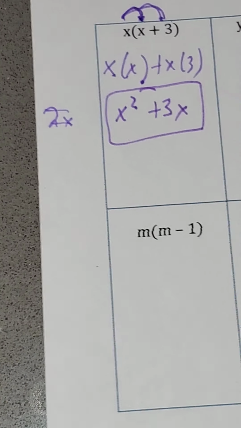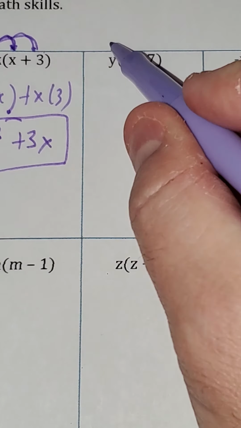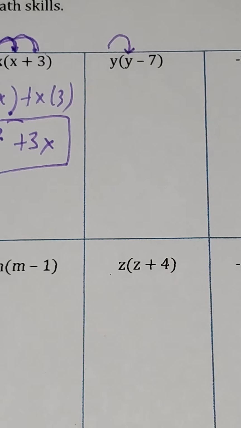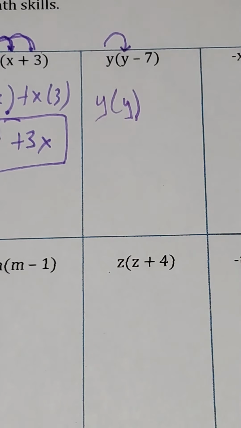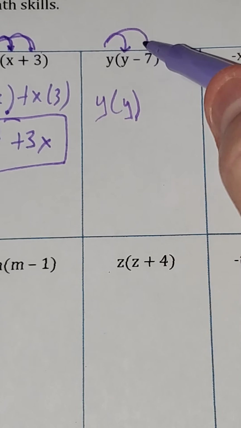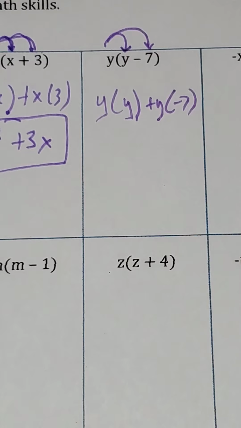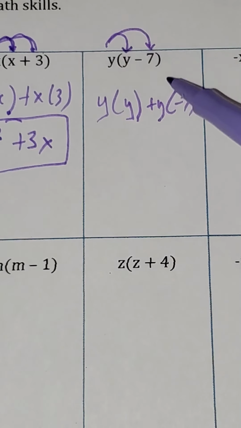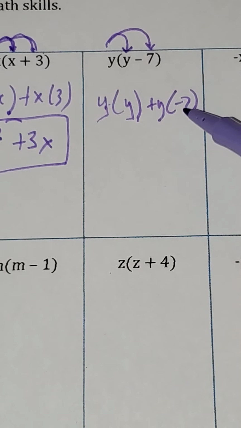Okay, let's look at another one. Here we have y's. Okay, nothing more than taking the y on the outside and multiplying times the y on the inside, and then taking the y on the outside, which is a positive y, and multiplying by the negative 7. Notice I've kept the y outside positive 2 times, and this y stayed positive, but the 7 was negative.